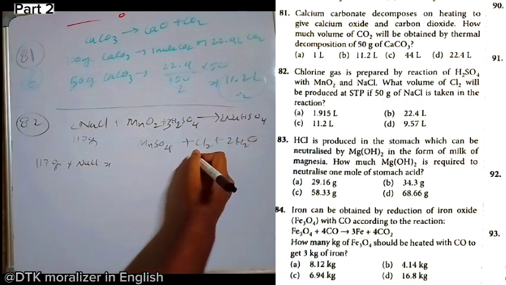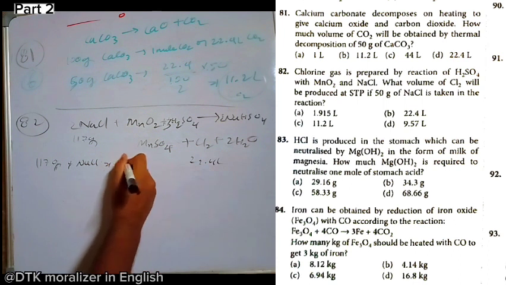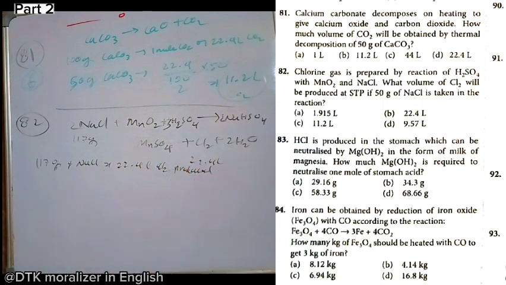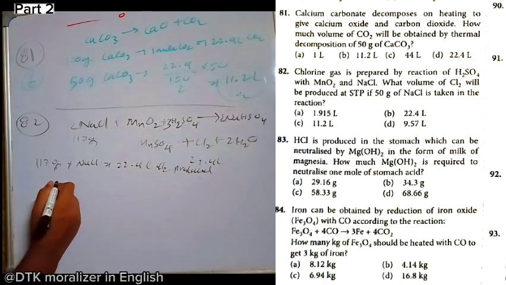117 grams of sodium chloride gives 22.4 liter of Cl2 gas.